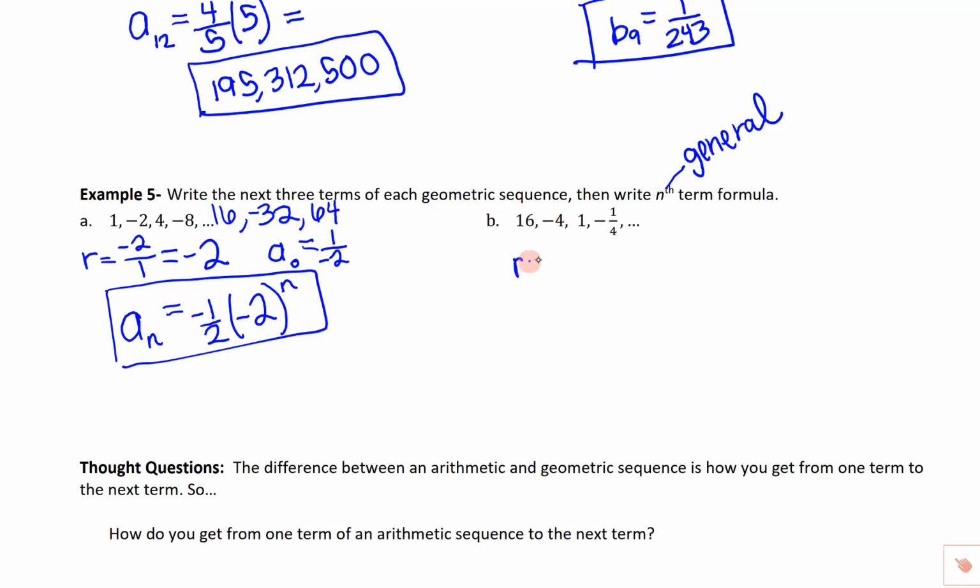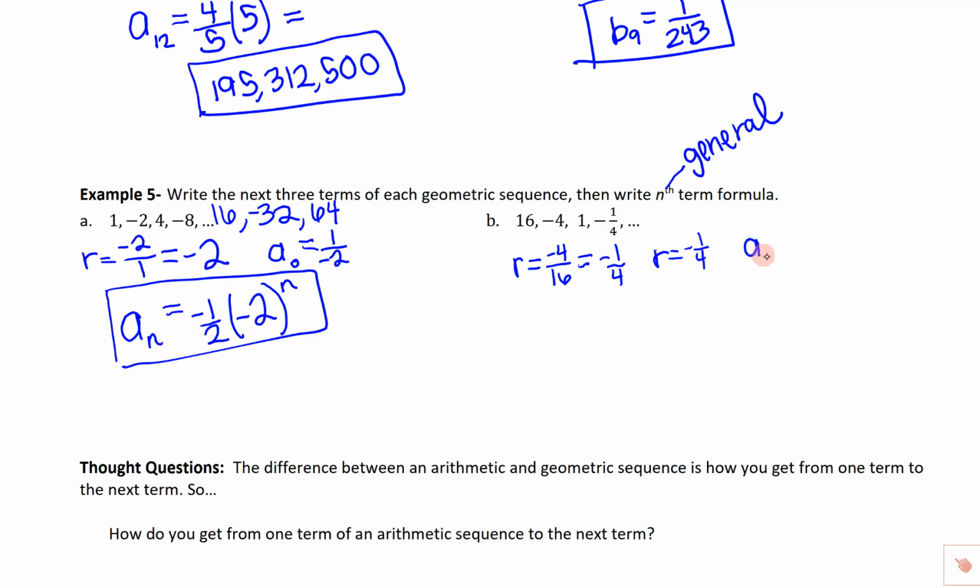So to get my ratio, I'm going to take the second term and I'm going to divide it by the first term and simplify it. Okay, some of you recognize that. You're like, oh, well, we're dividing by 4. But what are we multiplying by? We're multiplying by -1/4. Okay, and so our r is -1/4.